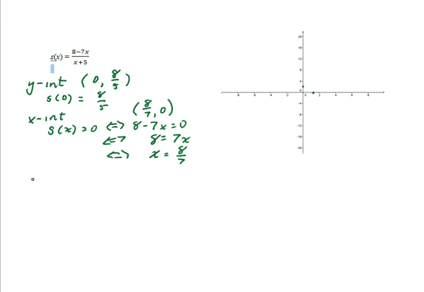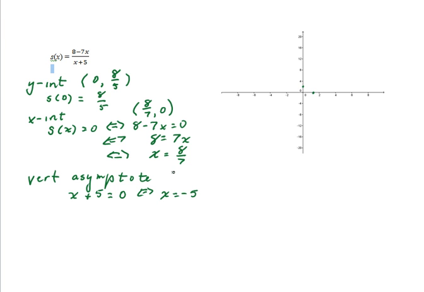Okay, now the vertical asymptote. Here we have a vertical line that occurs at the 0 of the denominator. So x plus 5 equals 0 if and only if x equals -5.